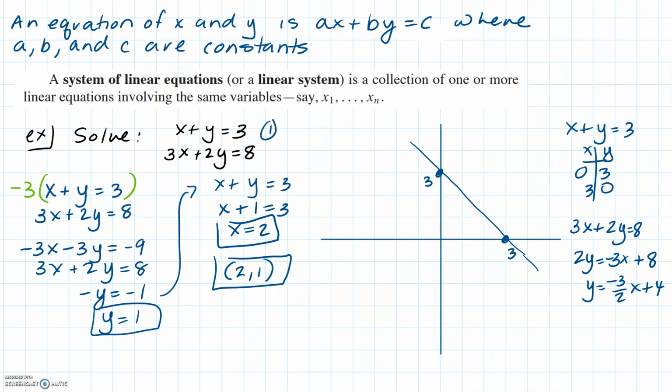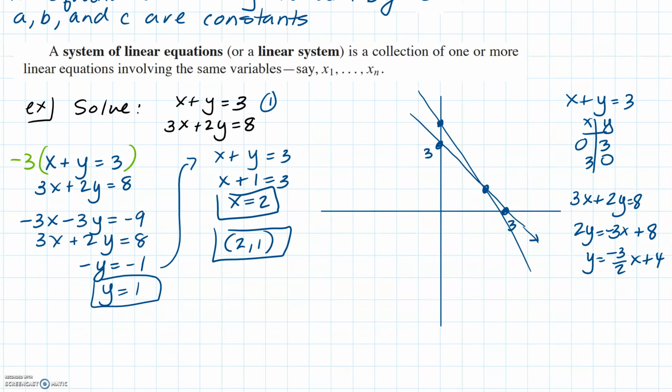So we can see here that in slope-intercept form, the y-intercept is 4 when x is 0. And the slope tells me that I'm going to go down 3 and over 2 to give me my second point. And that will give me my second line. So here's my first one. Here's my second.